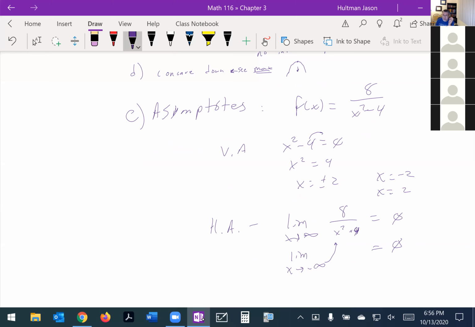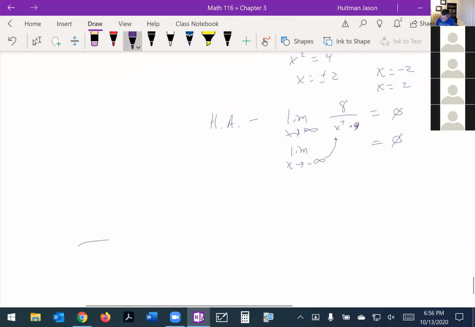Now, there is a problem with the concavity, and I want to address this. Let's start putting the pieces together here. What are the things that I know? Well, I know that there's a vertical asymptote at x equals 2 and x equals negative 2. I know that there's a horizontal asymptote at y equals 0.